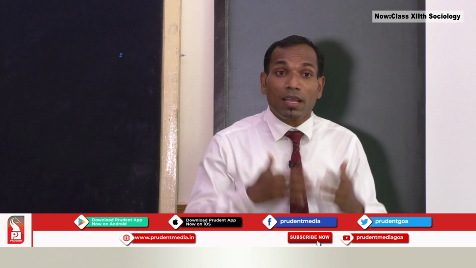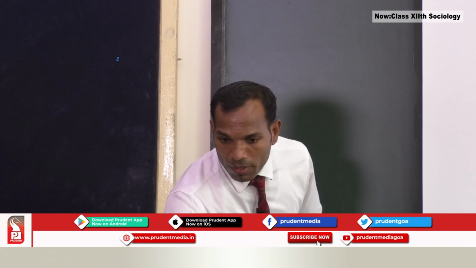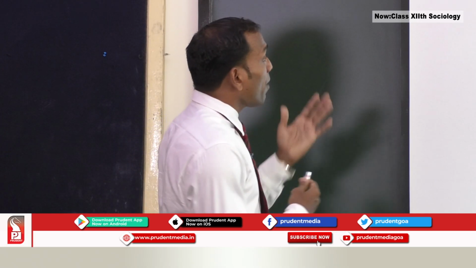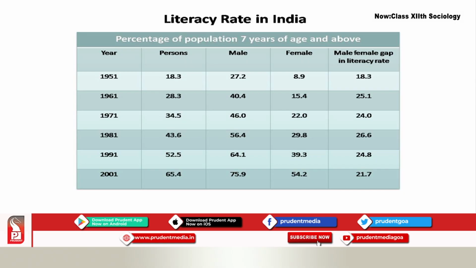The literacy of females is less compared to male literacy, which we can see with the help of this table. This table shows the literacy rate of India. Right from the beginning, immediately after independence in the year 1951, the total number of persons in percentage is 18.3%.